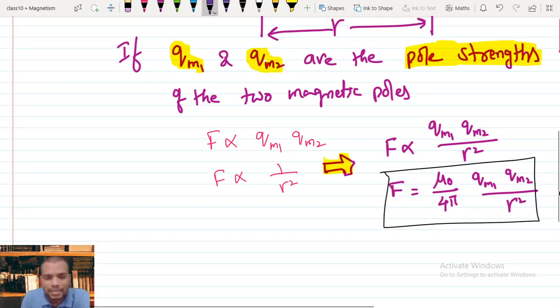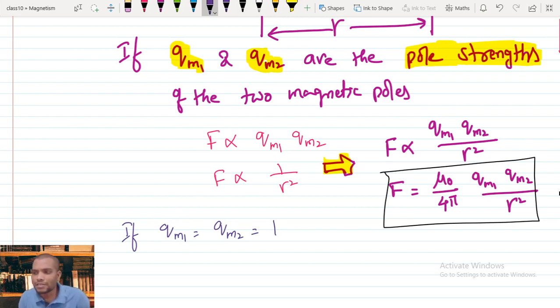Suppose I take a case where Qm1 equals Qm2 equals 1, a pole strength of 1 unit, and the distance r is also equal to 1 meter. Then the force between the two magnetic poles, F, equals mu naught upon 4 pi, where mu naught is the permeability.